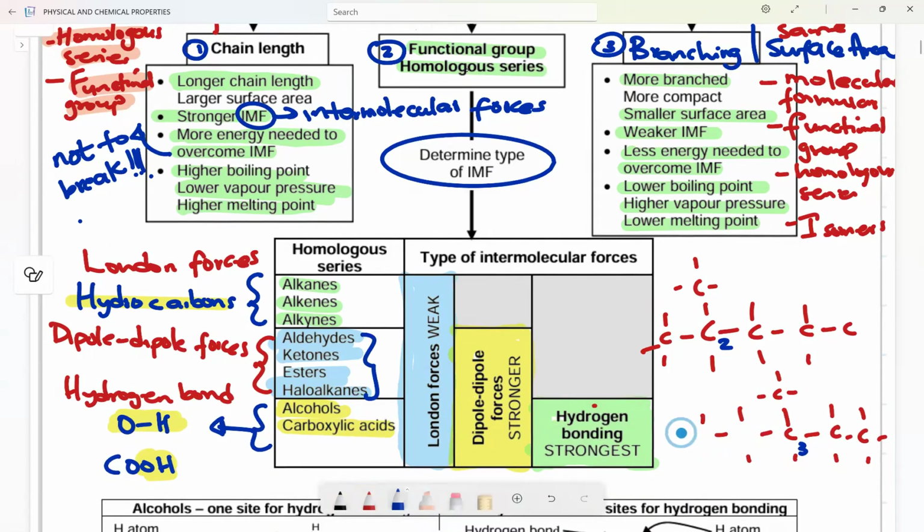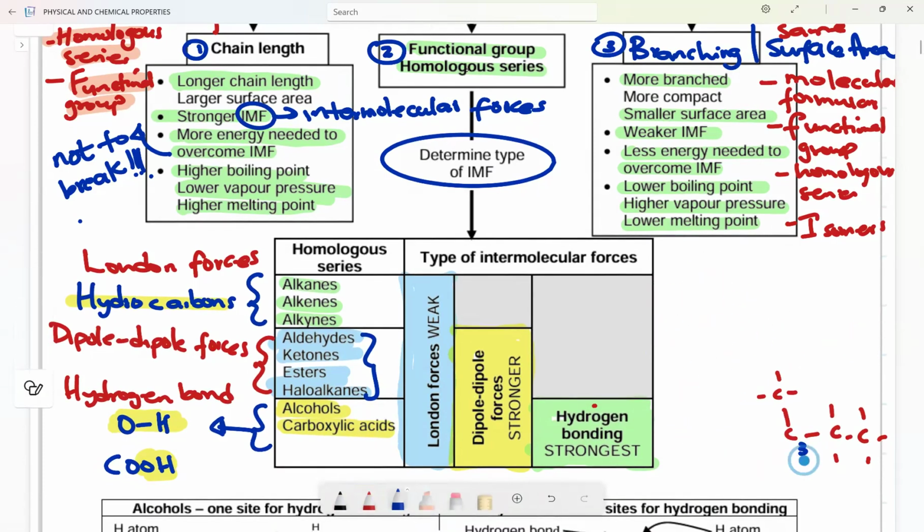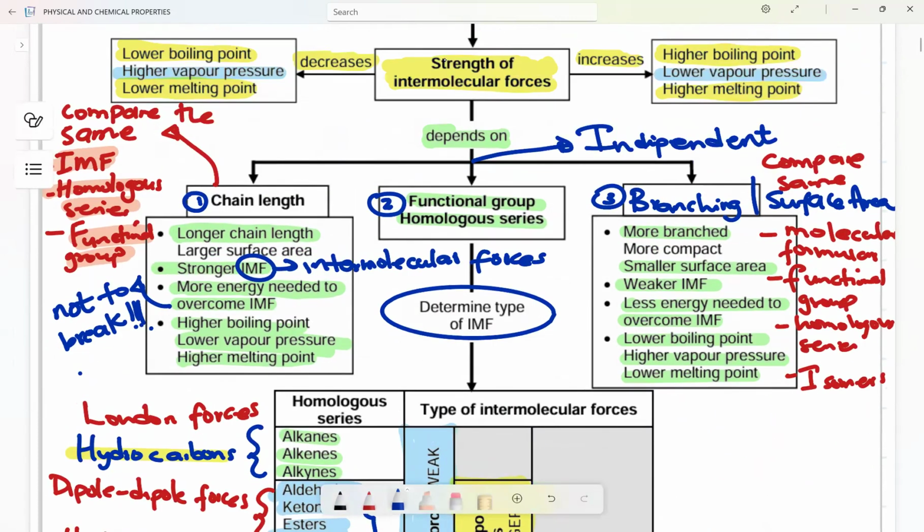Now another thing, you cannot compare branching when you're comparing alkane and alkene. Remember, we are trying to have a fair comparison. If you want a fair comparison, you should eliminate other independent factors.